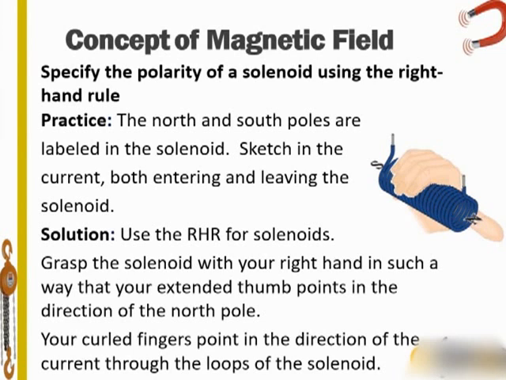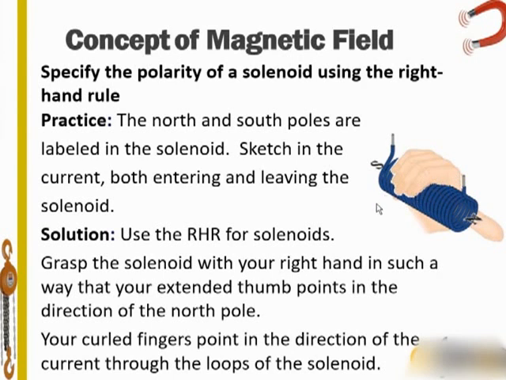So using the right-hand rule for solenoids, you grasp the solenoid with your right hand in such a way that your extended thumb points in the direction of the north pole. And your curled fingers will point in the direction of the current through the loops of the solenoid. So once you've done that, you can see from the diagram which way the current is moving.